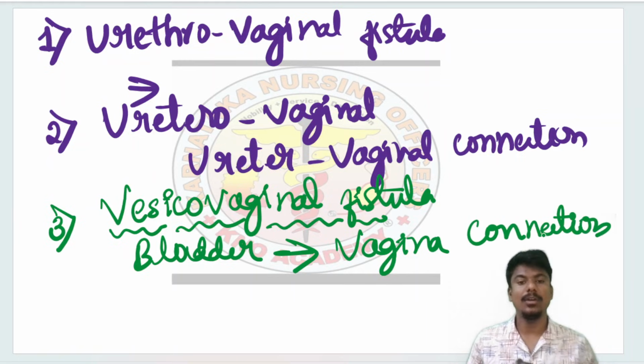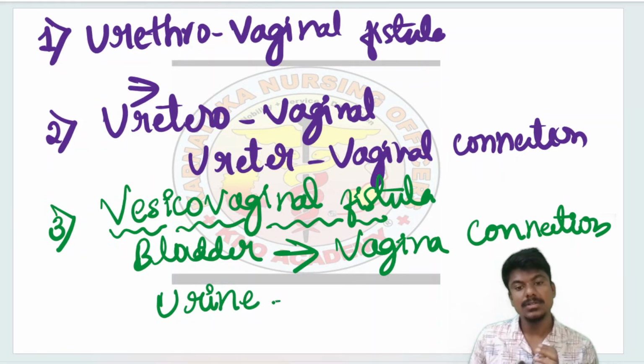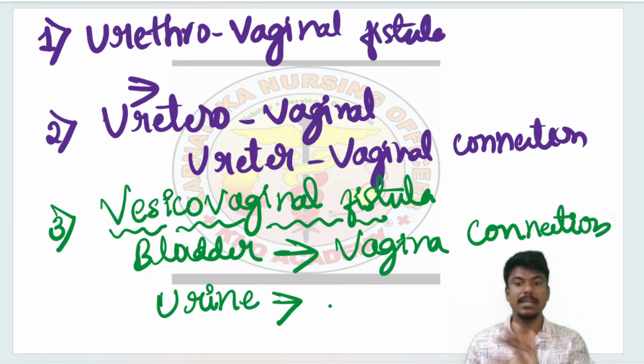Just see, in the bladder there'll be urine. So if there's a connection between the bladder and vagina, what will happen?